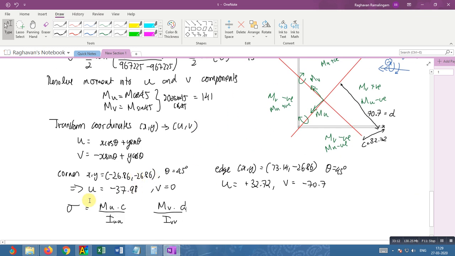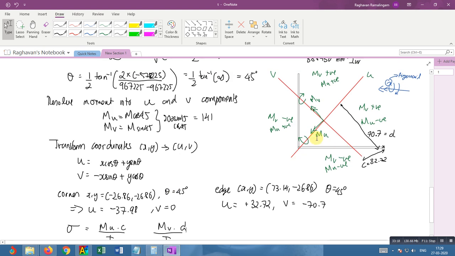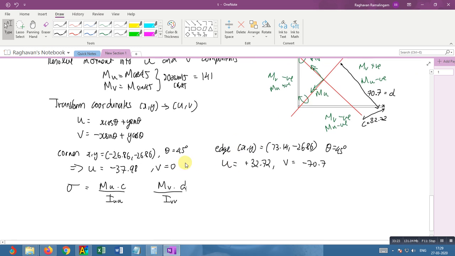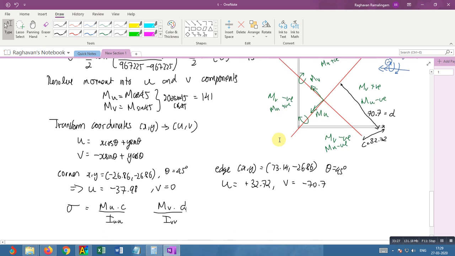Now coming to the first one. U is negative, v is 0. So it is somewhere on the axis. I'm not really sure whether I should use this quadrant or that quadrant. The answer is you can use either of them.